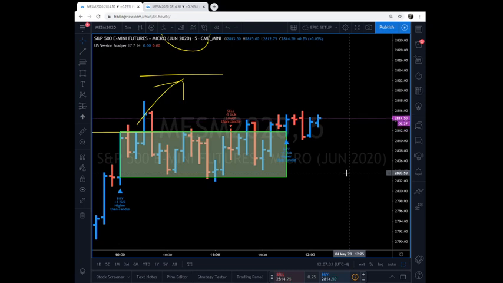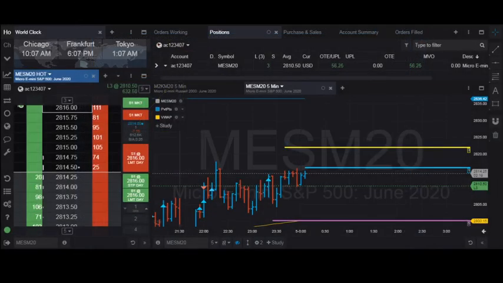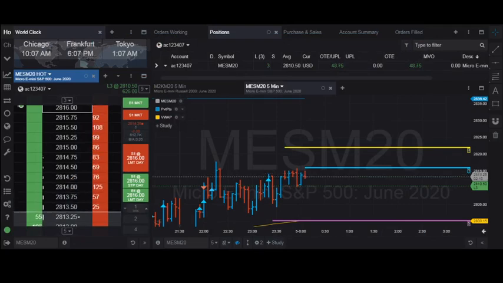Hopefully it's not a reversal. It's best to add more positions, but okay, that looks good.